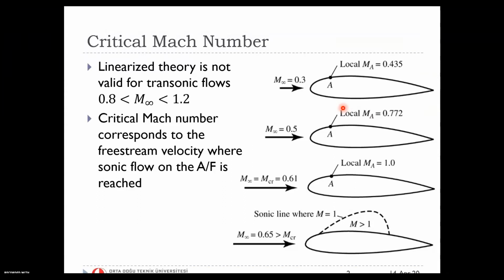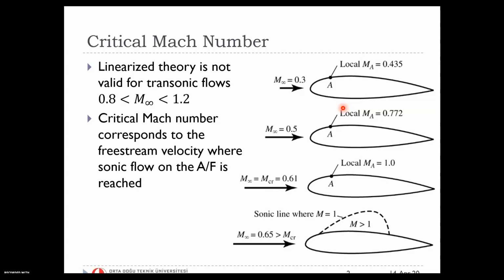The transonic flow regime by its nature is complicated and non-linear. Therefore, such a linear approach does not work in this Mach number range. And in this section, we are going to have a qualitative perspective on the transonic flow regime from several aspects.